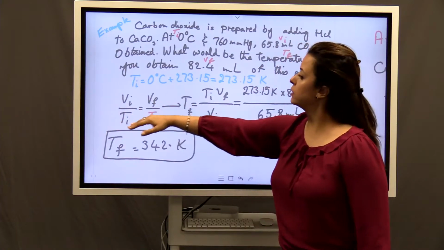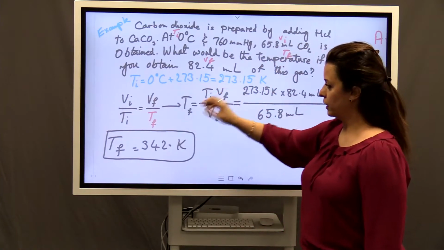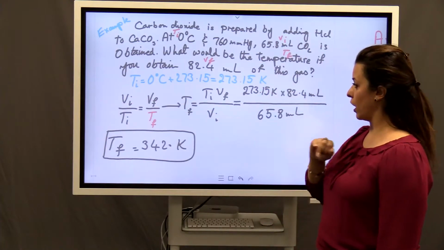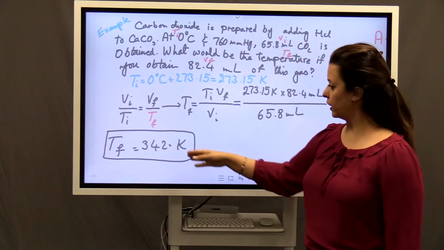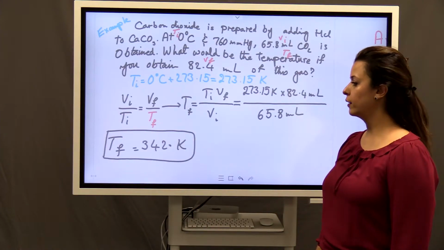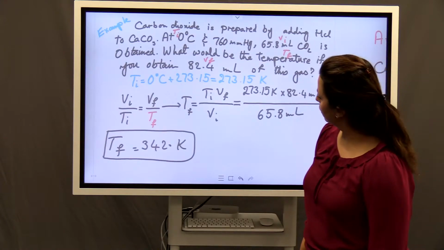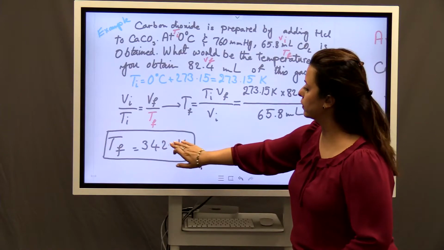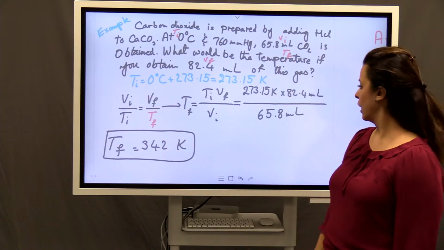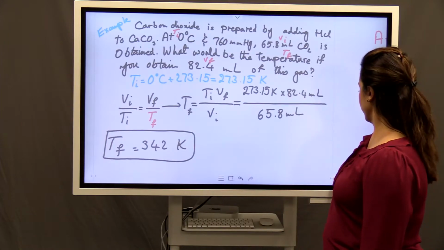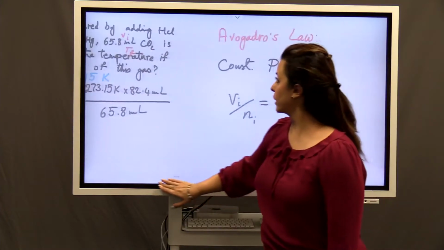The known side, Ti Vf, divided by what comes on the unknown side, divided by Vi. Plug, calculate, and you will end up having 342 Kelvin, that's it. Calculate it one more time at your own pace and make sure your calculations are correct.